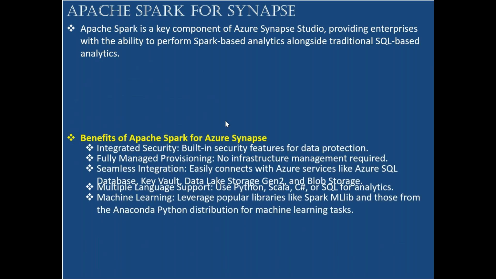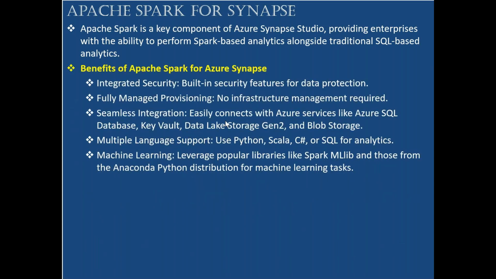What are the key benefits of using Apache Spark for Azure Synapse? It is integrated security. We have a built-in security feature for data protection. Fully managed provisioning: when you create a cluster, you just need to say how many nodes you need, how many computers you need. That is the advantage. No infrastructure management is required. Everything will be taken care of by the cloud provider, Azure Synapse.